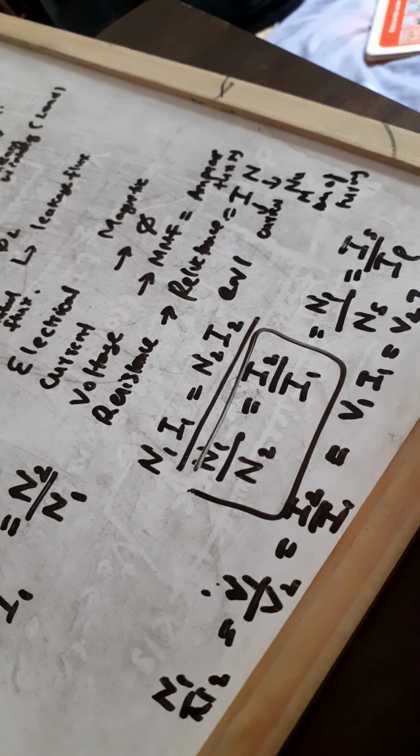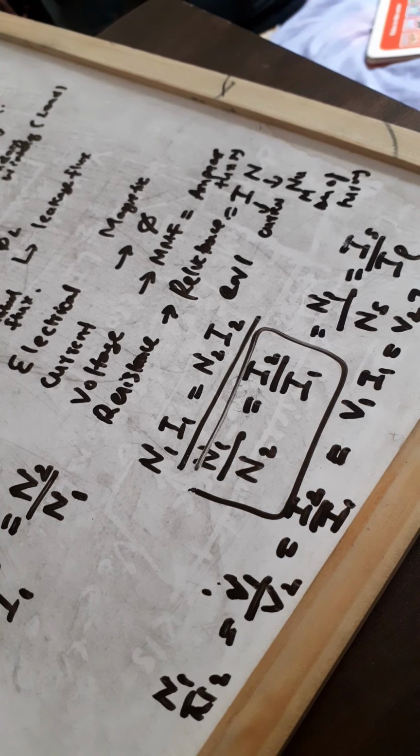There are two types of flux linking the machine: mutual flux and leakage flux. There are also two types of construction: the shell type and the core type. The core type is used for higher voltage ratings and higher power applications, whereas the shell type is used up to around 10 kilowatt.